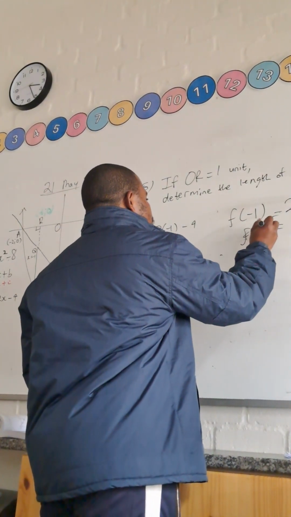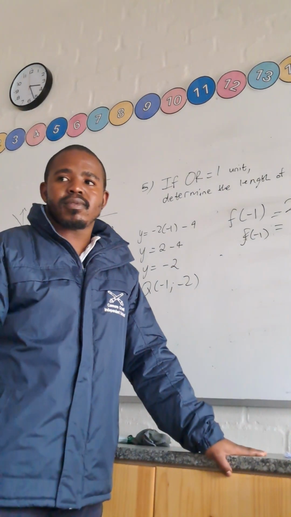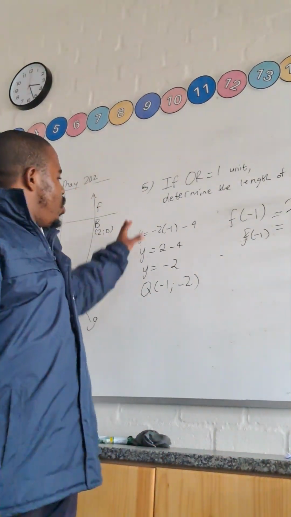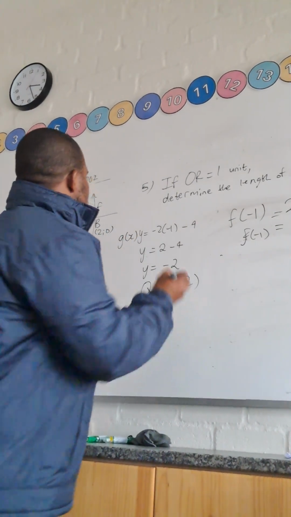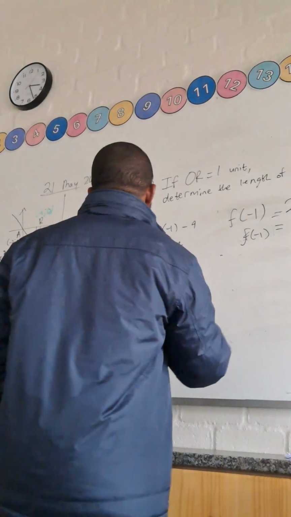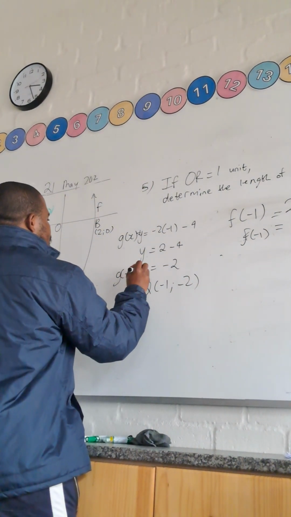It's confusing. It's something you need to get used to. F is a parabola, right? Whatever is in the bracket always represents the value of x. So that means I'm substituting x with -1. I was so confused. No, this one is G, right? That's for G. So this one should have been G at -1.